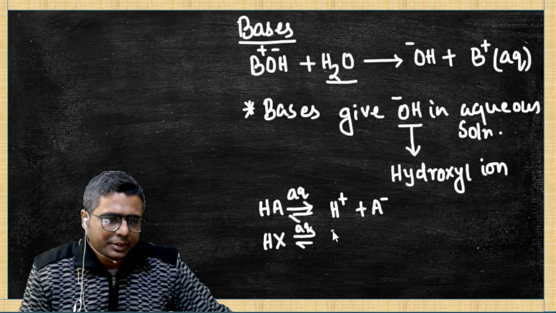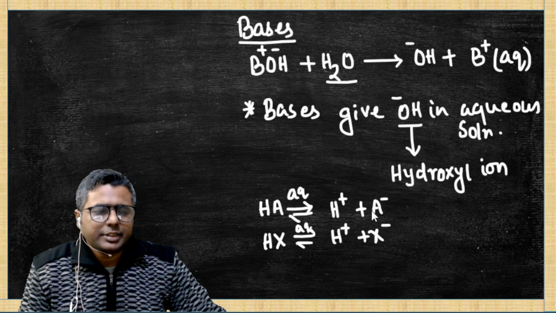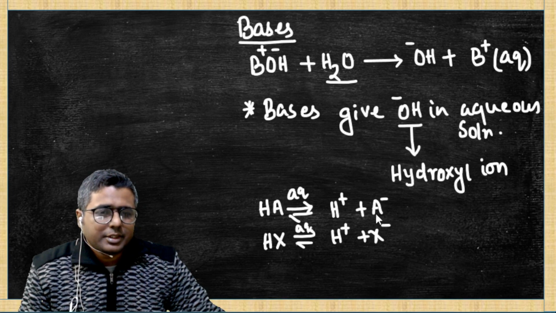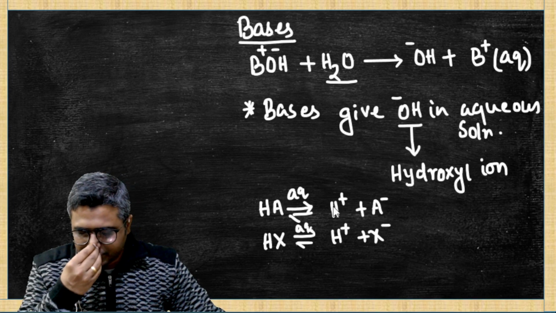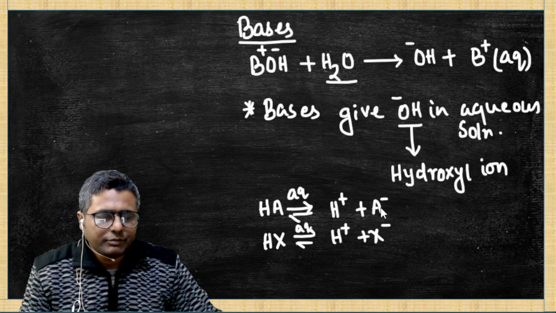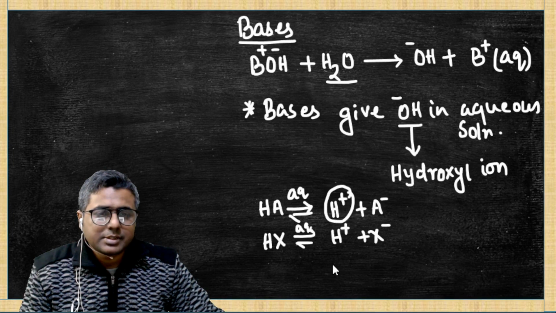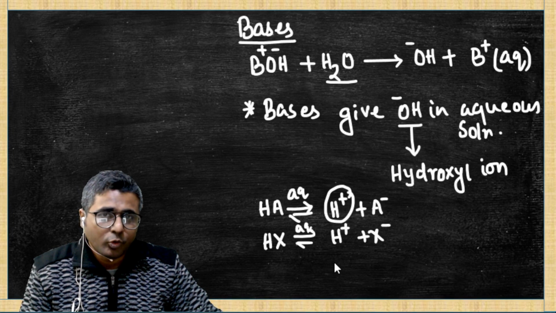In aqueous solution it also gives you H plus plus X minus. However, in the first case, the amount of H plus produced in the first case is much more than in the second case.